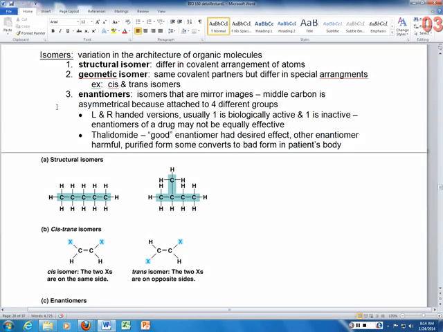So can you think of any examples where you might run into a cis or trans isomer? Trans fats. So that is where we see that in common everyday stuff. Normally when the body has fats, what occurs in nature are a nice mix of these in there. They do have different properties in the body.